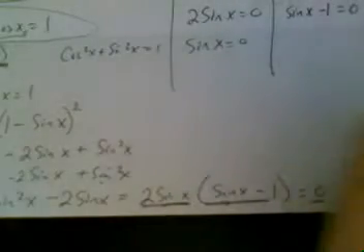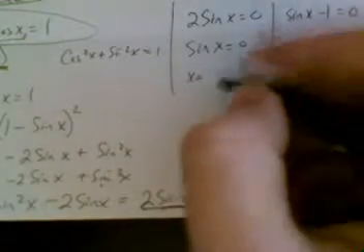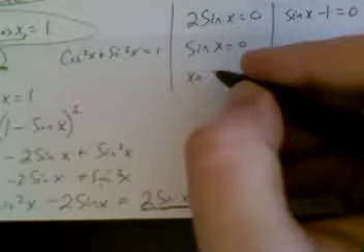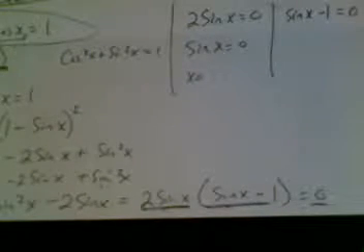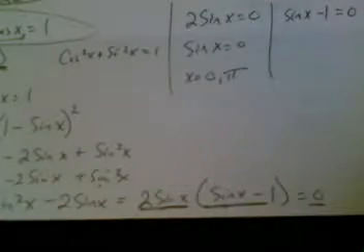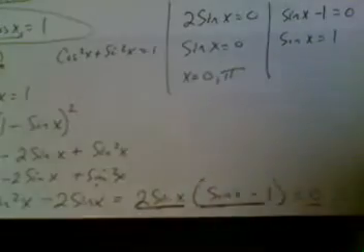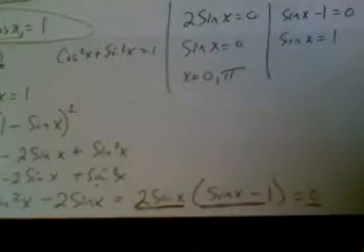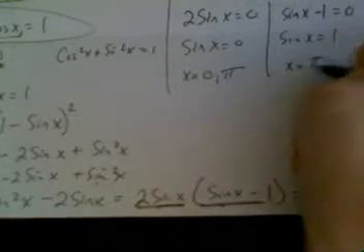Again, for what values of x does this work? Well, for sine, it's the values of 0 and pi. And I'm going to look at this: where does sine of x equal 1? That set of values is going to be just x equals pi over 2.